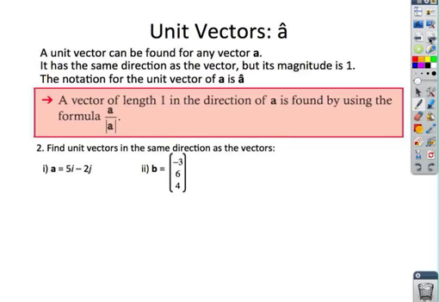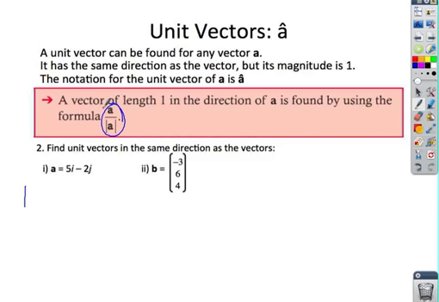But what we want to do is find the vector that is 1 unit long in that direction, and that's the definition of a unit vector. So for example, vector A here, the first thing you have to do, by the formula, and it's not in your formula booklet, that's important to know, is the vector divided by its magnitude.